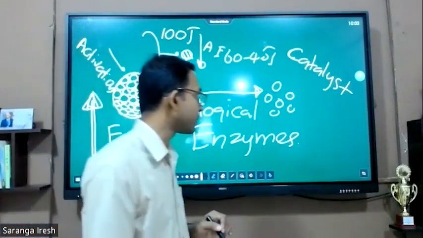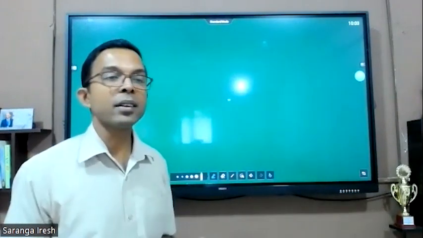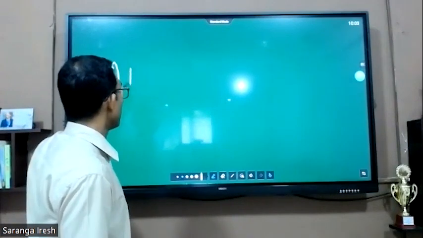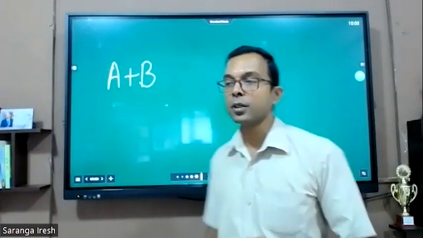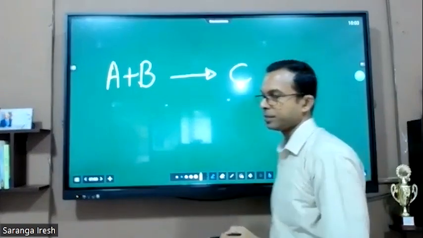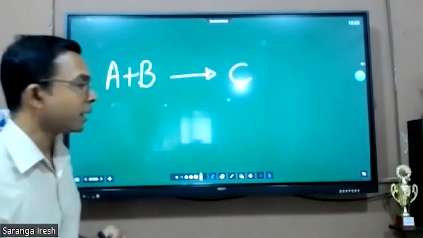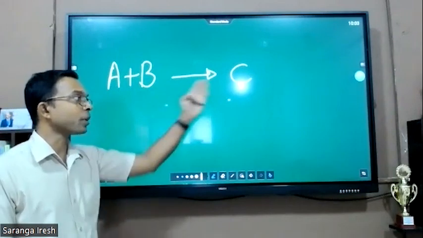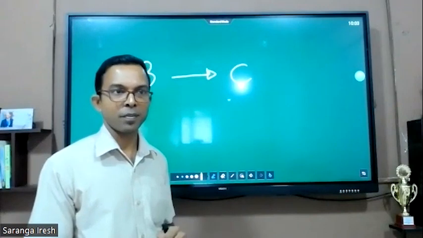What is the function of the enzyme? The function of the enzyme is to reduce the activation energy of a reaction. Think that there are two molecules, A plus B. These two molecules need to react to form the compound called C, because we need C for the body function.